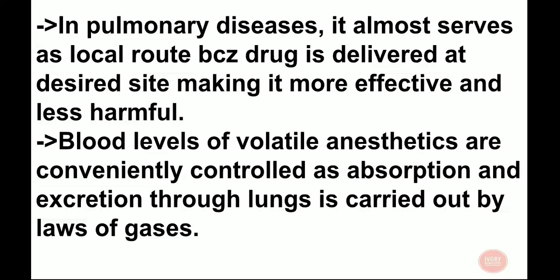In pulmonary diseases, it is mostly serving as the local route because the drug is delivered directly at the desired site and the action is more effective and less harmful. So the blood levels of volatile anesthetics are conveniently controlled because absorption and excretion through lungs is carried out by the loss of gases.